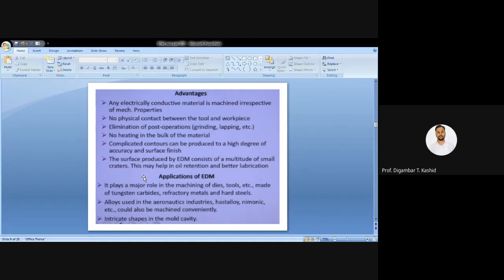Alloys used in the aeronautics industries can also be machined conveniently using this EDM process. Intricate shapes can be produced in a mold cavity using this EDM process.